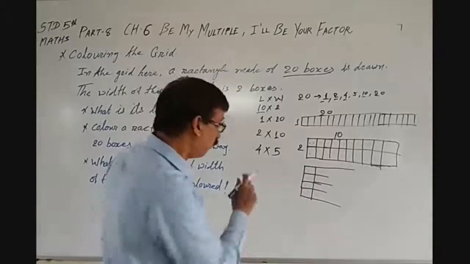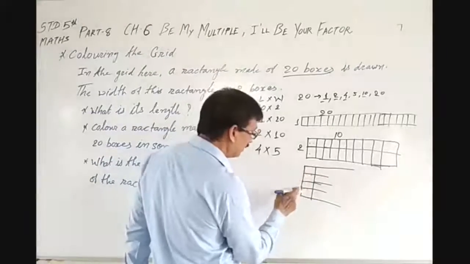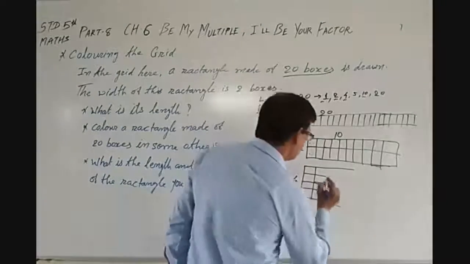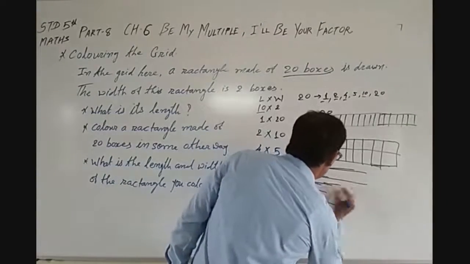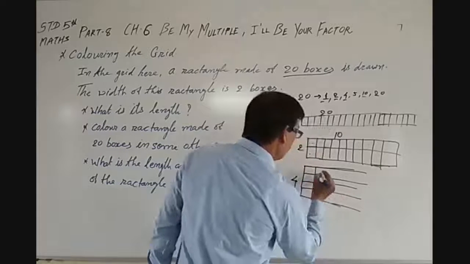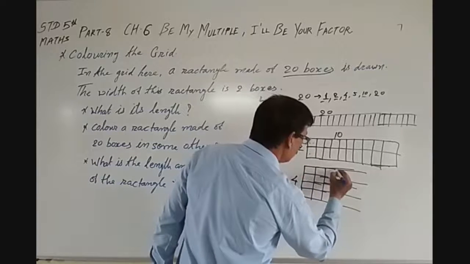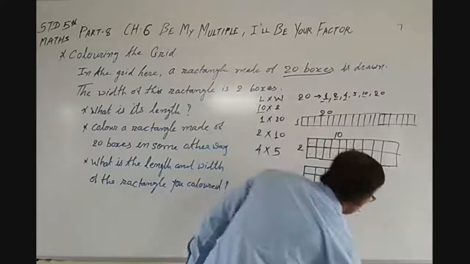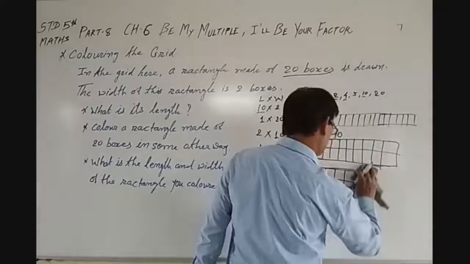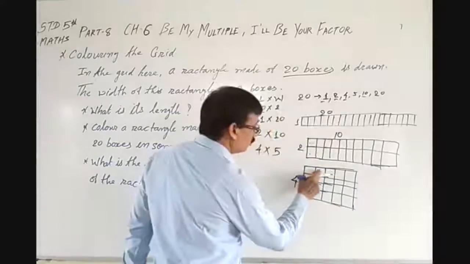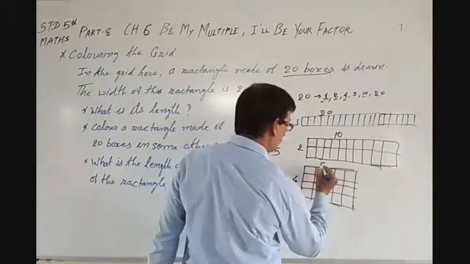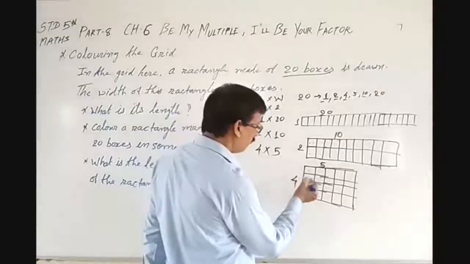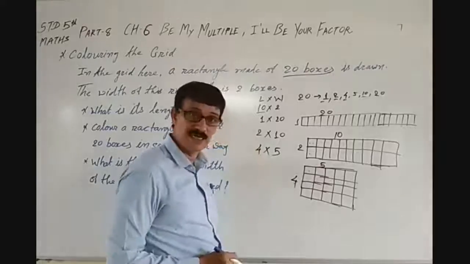So length is 4. Now let's go for the width. 1, 2, 3, 4 and 5. So width is 5. And 4 5s are 20.